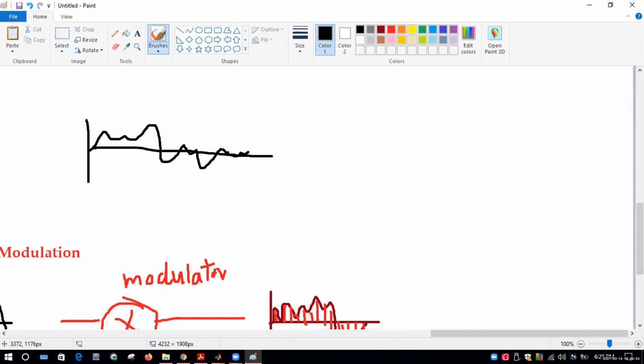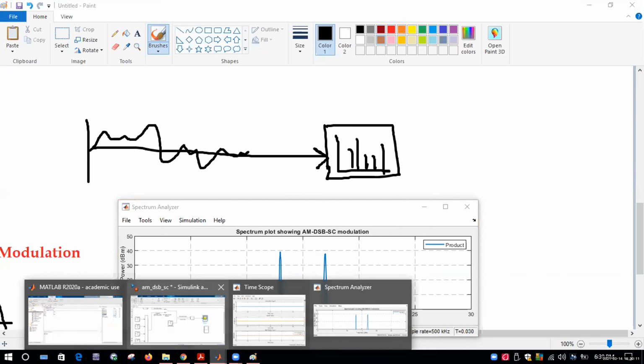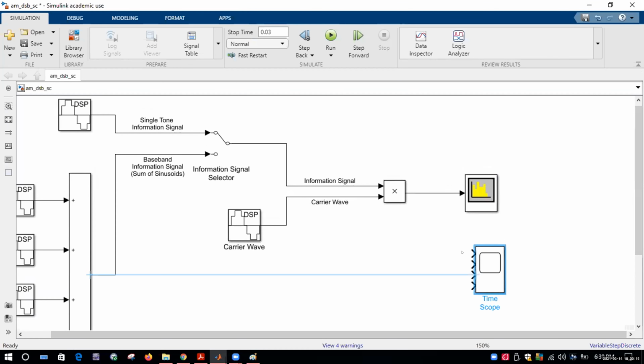I can check how many frequencies are there by using a spectrum analyzer. I will send the signal to the spectrum analyzer and it will show me something like this. So here I can find out how many frequencies are there in the signal. That's why we are using a spectrum analyzer here. Now you got the idea? Yes, clear. Okay, just one last point and then I will take up your queries.